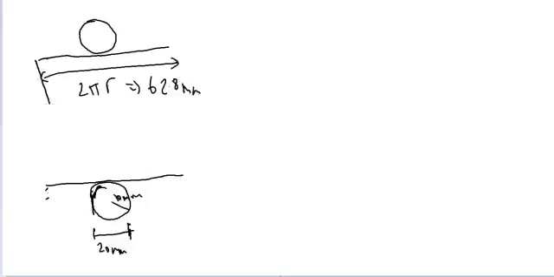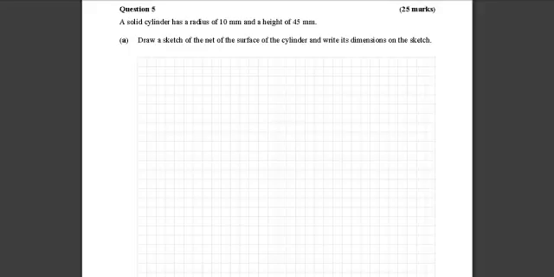The height or the length of that is going to be the height of the cylinder, so that's going to be 45 millimeters. So that's the net of the cylinder, which was part A. So we draw a sketch of the net of the surface of the cylinder and write its dimensions.